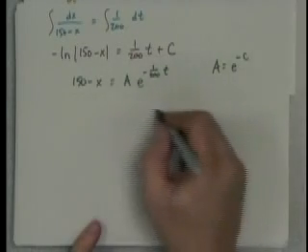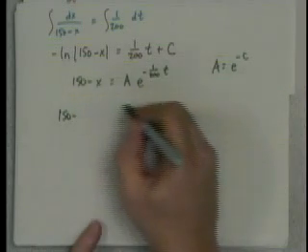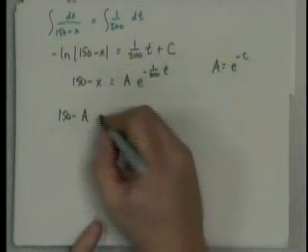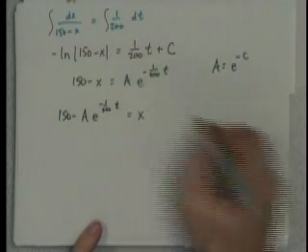So x ends up being equal to 150 minus a e to the negative 1/200 t.